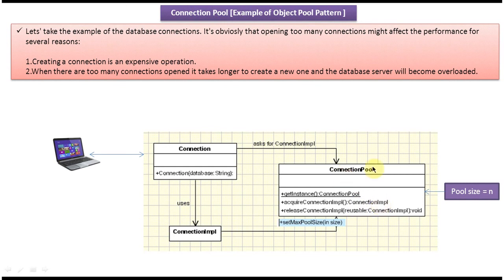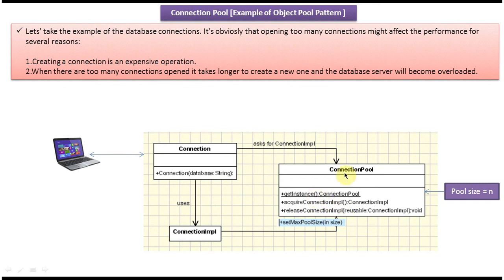This ConnectionPool object will always be a singleton, and if it is a singleton, then obviously the constructor will be private, and it has a getInstance method. When you call this method, it will give the ConnectionPool object. Then you can access methods like acquireConnectionImplementation, releaseConnectionImplementation, and setMaxPoolSize.